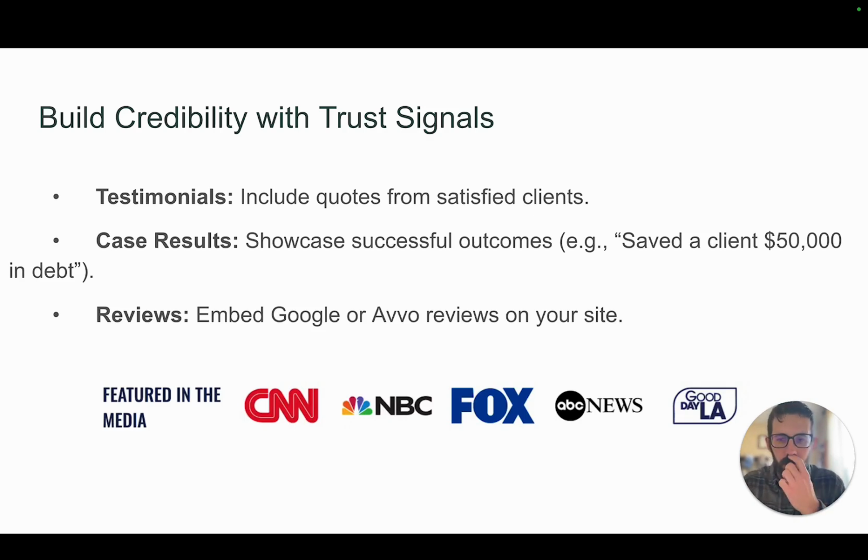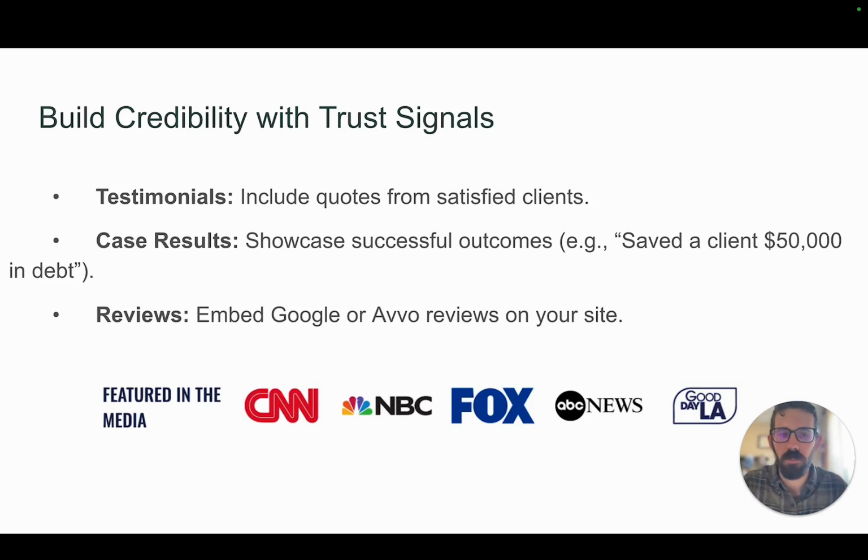Here's an example of one site that's featured in the media, and they've been posted in CNN, NBC, Fox, ABC News. It builds trust and credibility. If I don't know who this person is, but they've been on CNN and Fox, it makes me feel like they know what they're doing. Otherwise, they wouldn't have gotten on CNN or Fox.